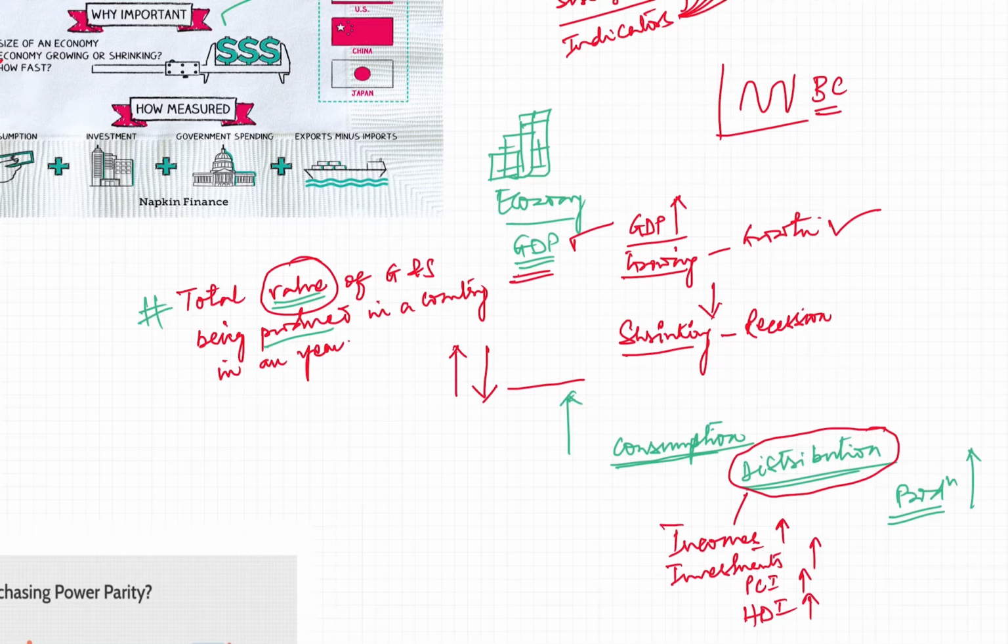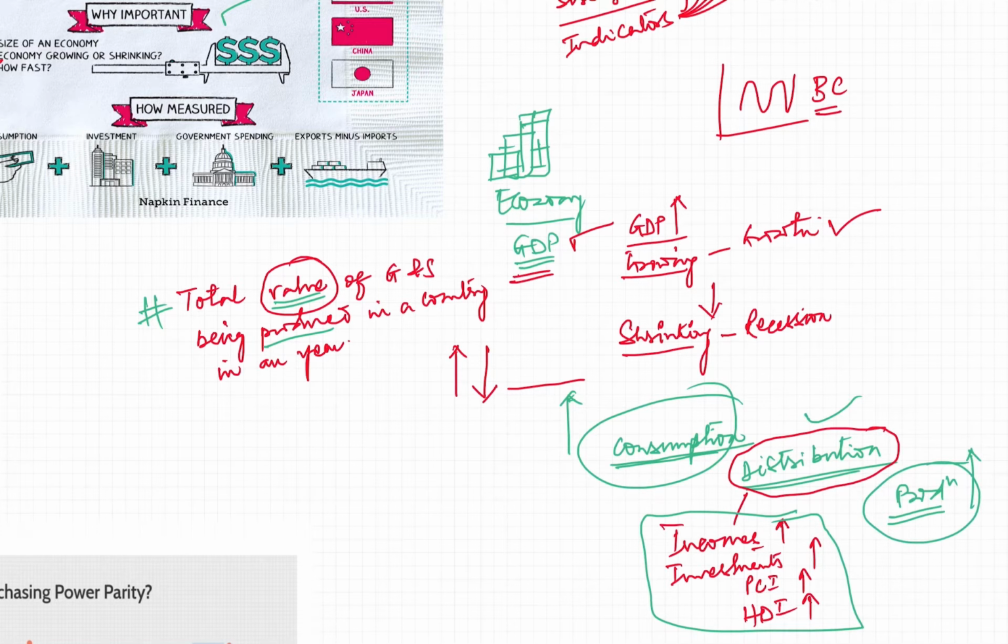Now the rate at which these are growing determines the growth rate or the recession rate. If it is growing, what needs to be taken into account? If it is coming down, what are the factors that need to be taken into account?